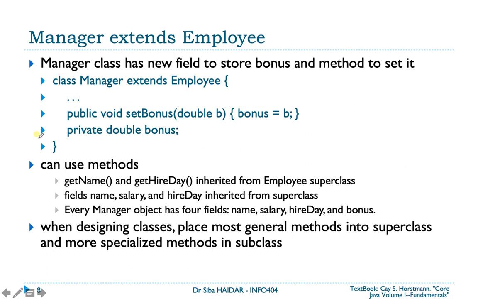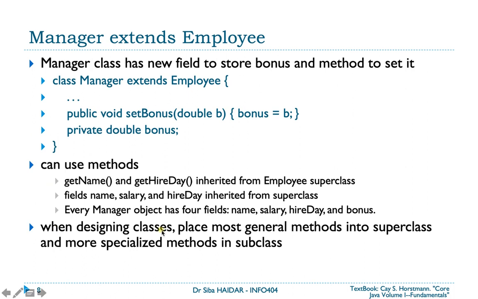Manager extends Employee, so the Manager class has a new field to store the bonus and a method to set it. As we have seen, it can also use methods like getName and getHireDay, inherited from the Employee superclass, and all the fields are here inside it. Every Manager object now has 4 fields: the name, the salary, the hireDay, and the bonus.